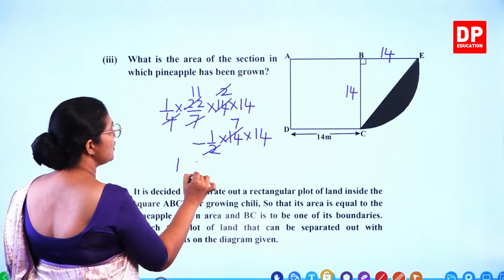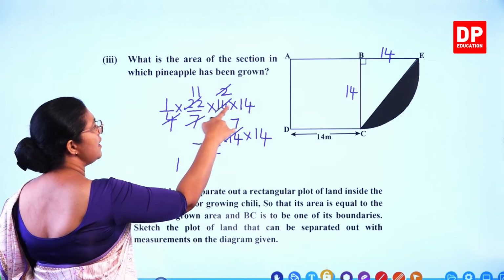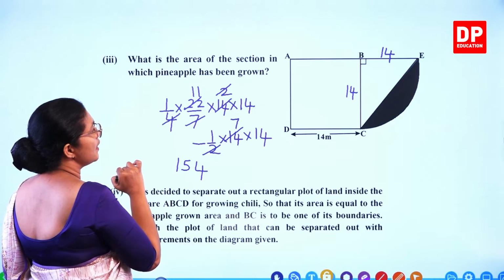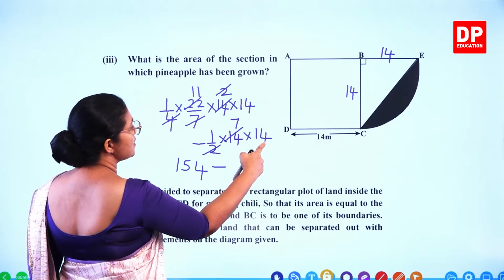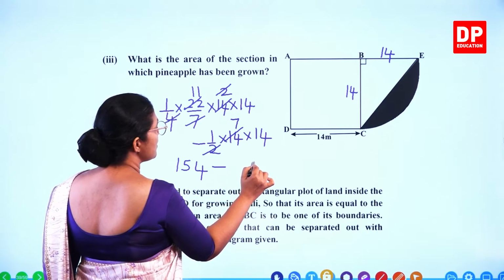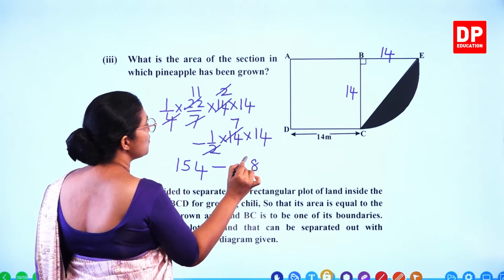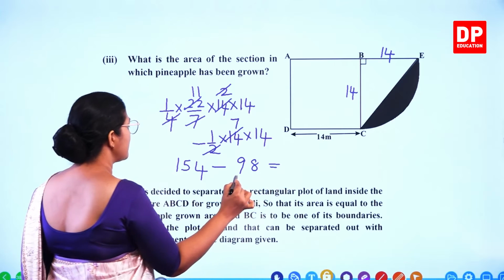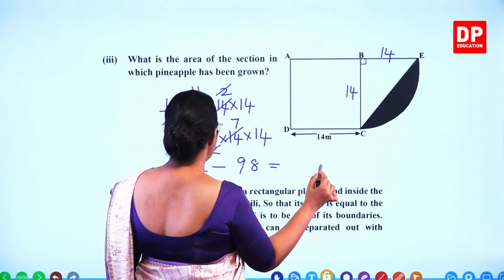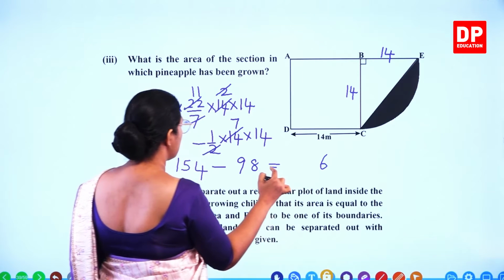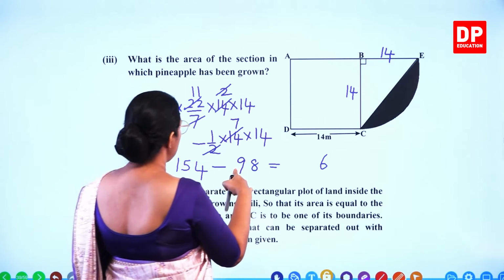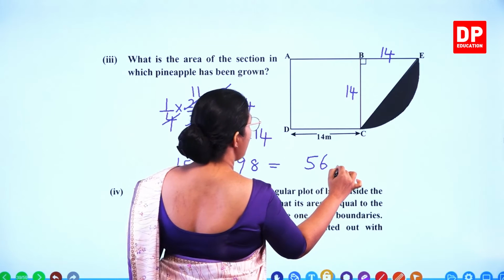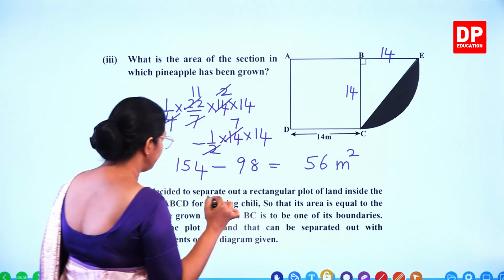You separate out the 2 values, 1 and 4, and add 4 plus 1, that becomes 5. Minus, multiply 7 times 14. 7 times 4, 28. 7 times 1, 7 plus 2, 9. Now subtract. You get 6, 14, 10, 5, 56. And this is the area, in square meters.